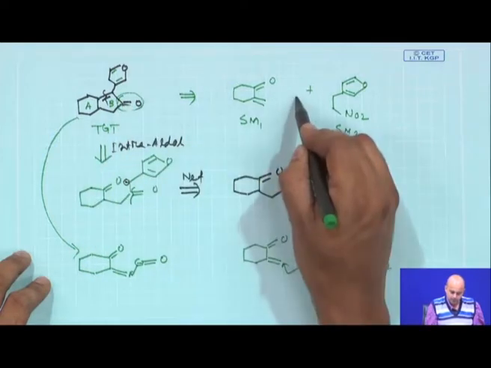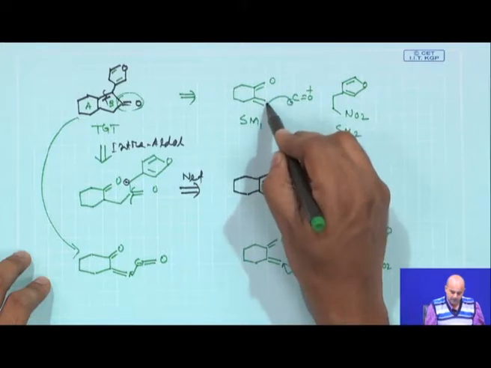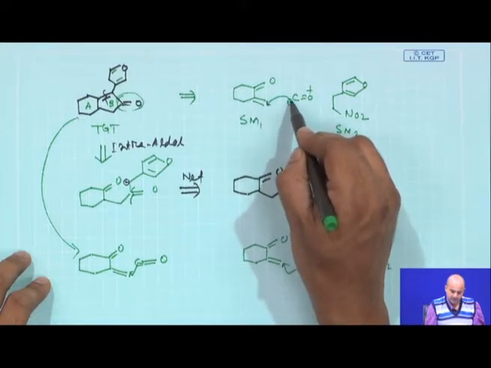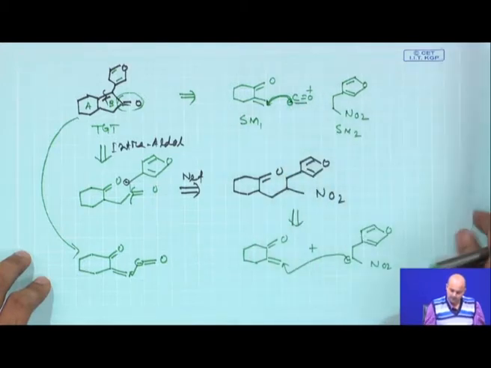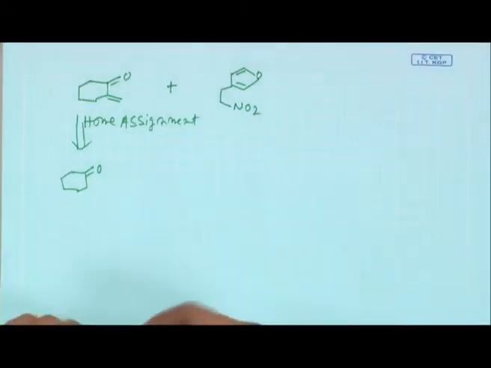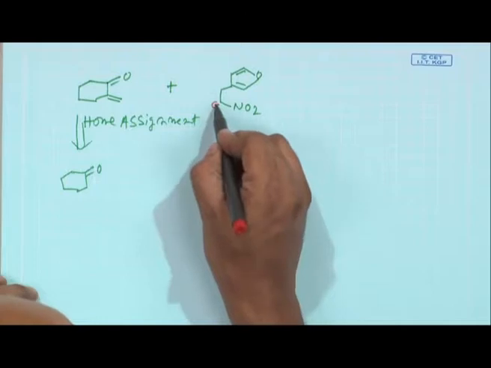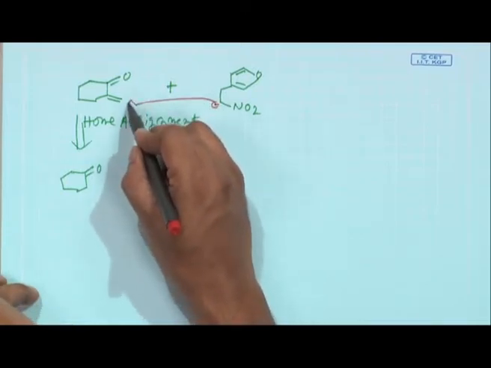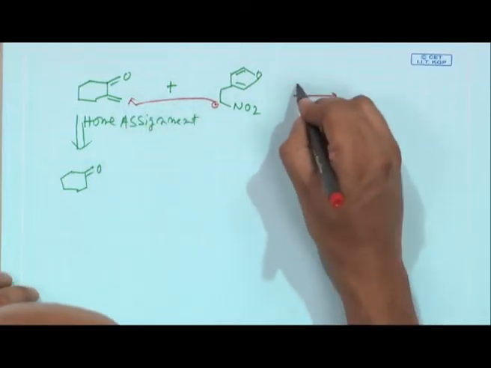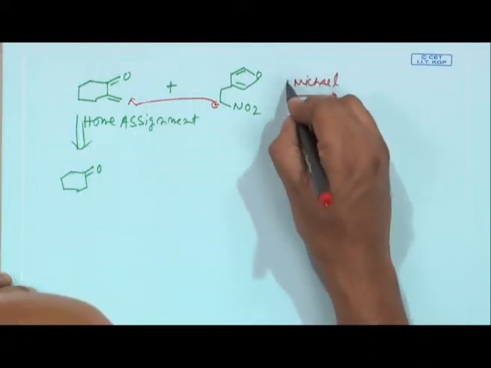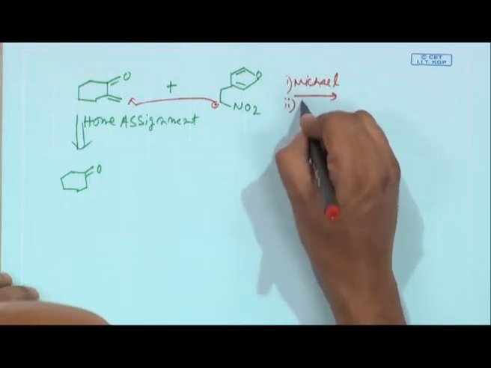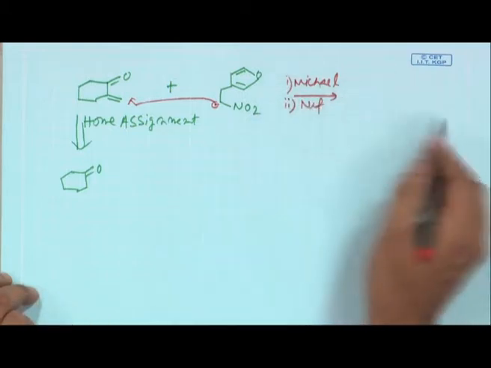So, this C double bond O is undergoing a Michael reaction here, is it not? So, this is the synthetic equivalent which is really coming from this furan derived nitro species. So, this nitro species now reacts here in a Michael fashion, and I write Michael followed by Nef, both done together.